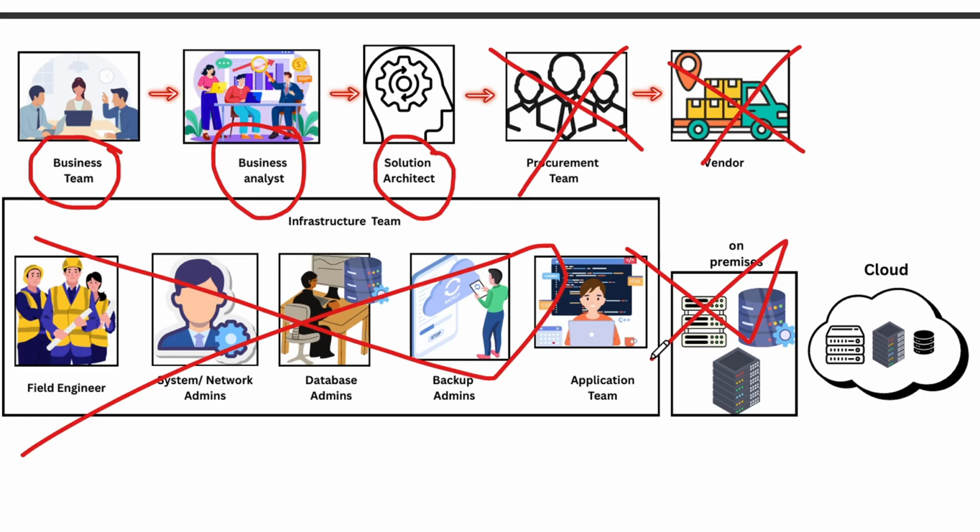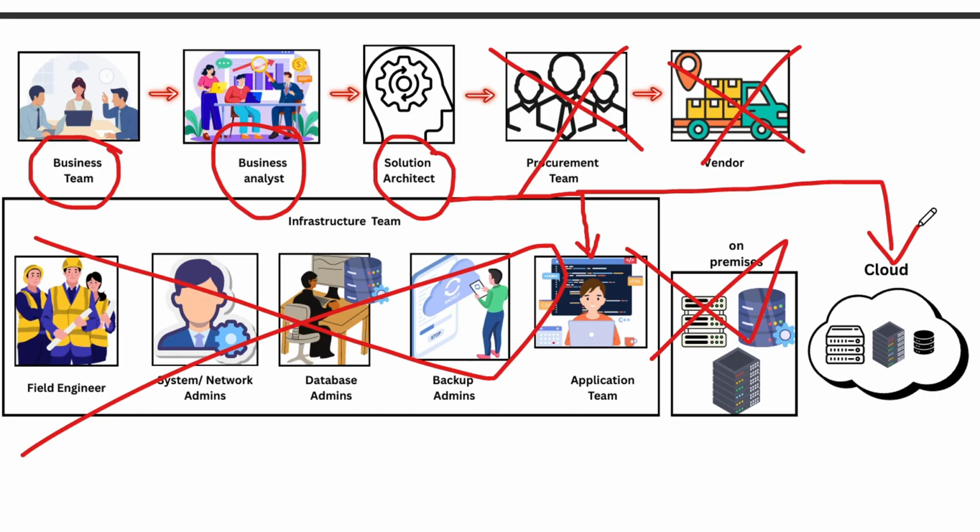Now the solution architect is directly going to communicate with the application team, where the application team is going to develop the code and the entire application. Why are they not bothering about the physical requirements? Because they are going with the cloud.